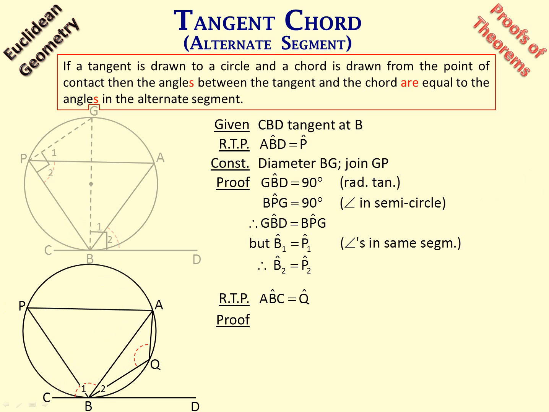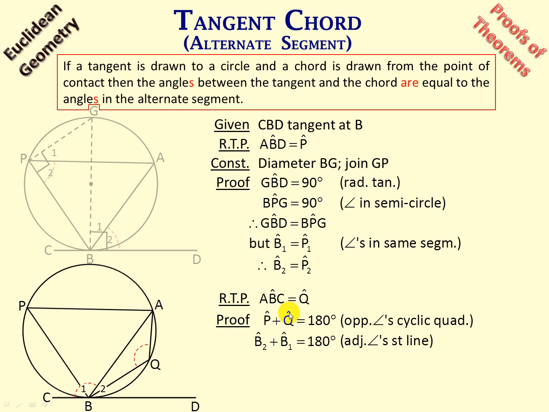Proof. It's pretty straightforward. P plus Q is 180 degrees. Reason: opposite angles of a cyclic quad. And we have C1 plus B1 plus B2 equals 180 degrees. B1 plus B2 equals 180 degrees. Reason being adjacent angles on a straight line.